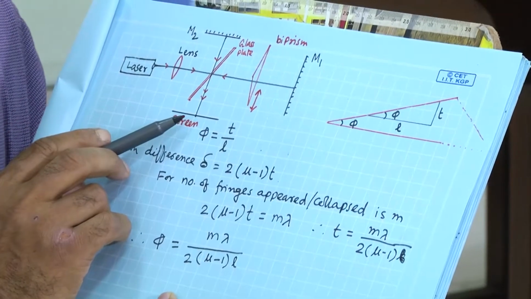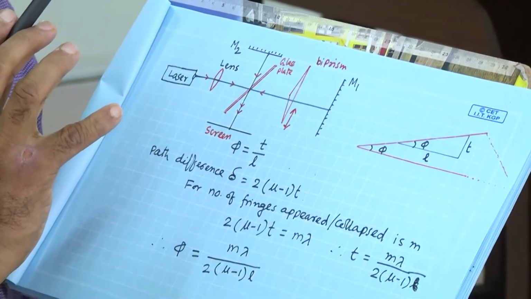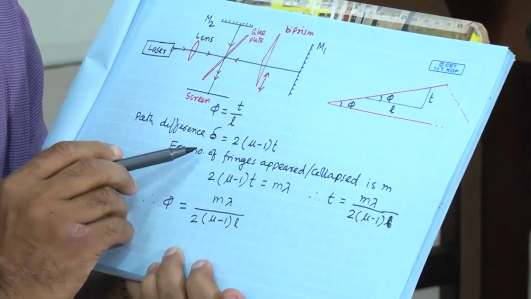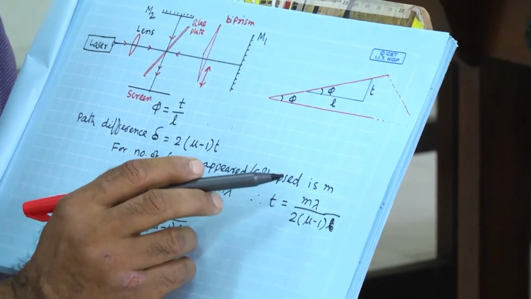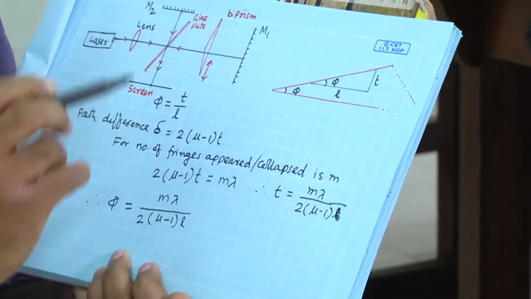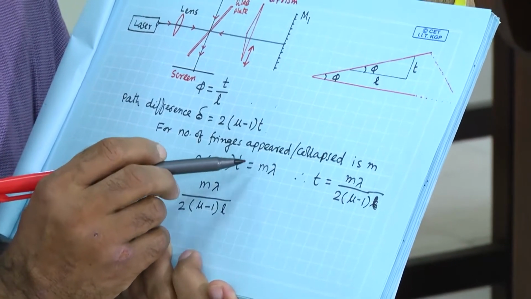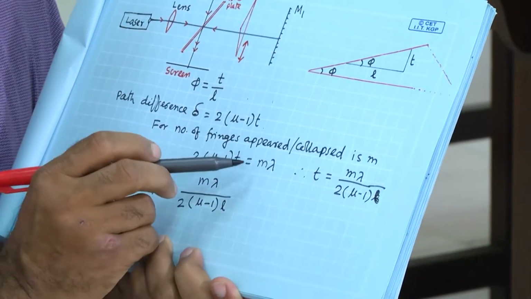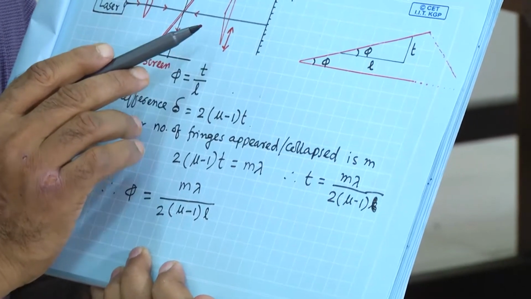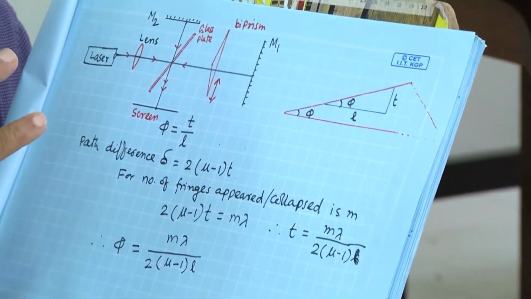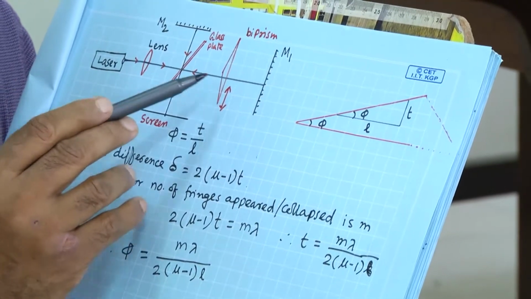Now here, whatever the number of fringes that appear or collapse, if it is m, then 2 times mu minus 1 into t equals m lambda. This m and the earlier m are not the same. Before putting the biprism, whatever the order was for the central one, now after putting the biprism, the optical path of one arm will change.